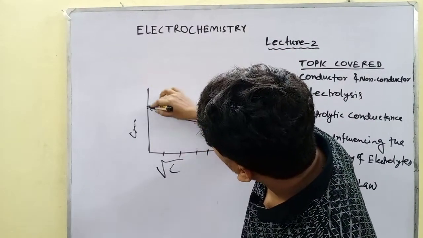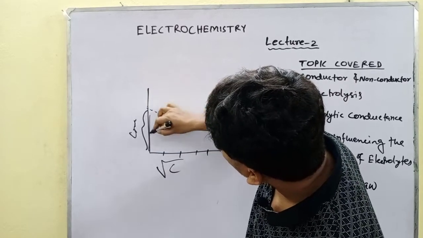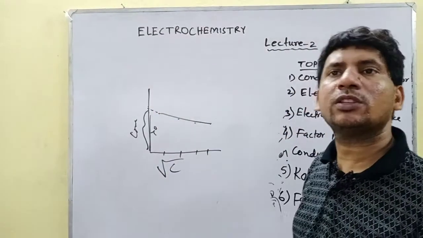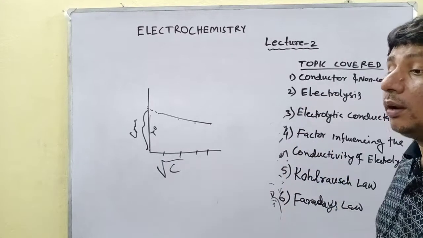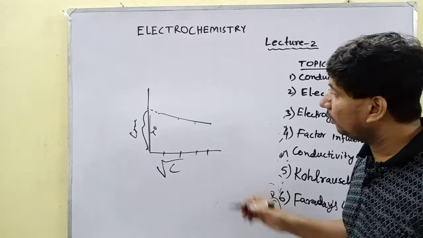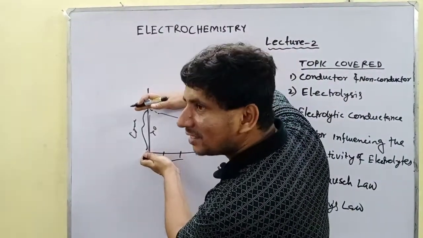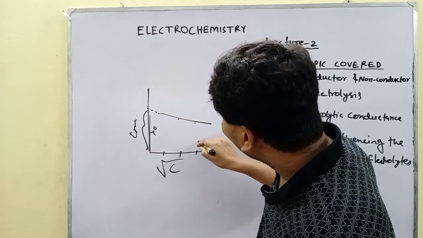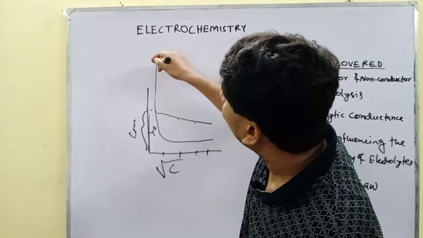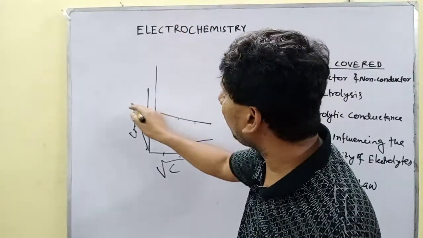This portion is known as lambda 0. But for a weak electrolyte, we are unable to get the lambda 0 value at infinite dilution, because the curve is very steep and there is no cut point.